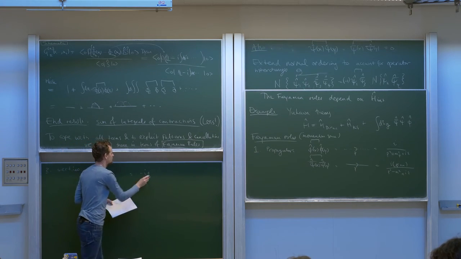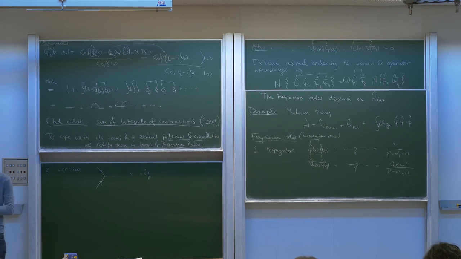And the value you associate to any vertex that you encounter in a diagram for the series for the Green function is minus ig.